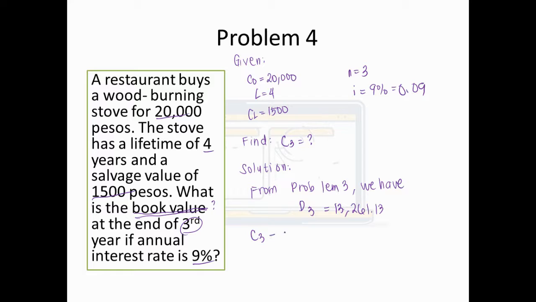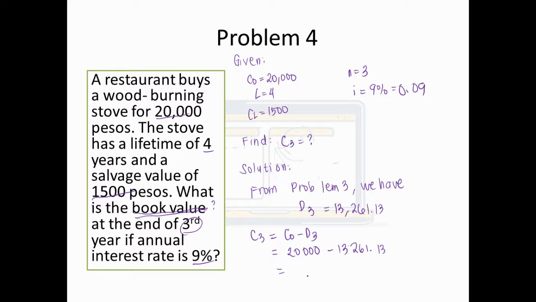So we will just need the formula of the book value. C sub 3 is equal to C sub 0 minus D sub 3. So the initial cost of 20,000 pesos, and then minus the accumulated depreciation na 13,261 pesos and 13 centavos.